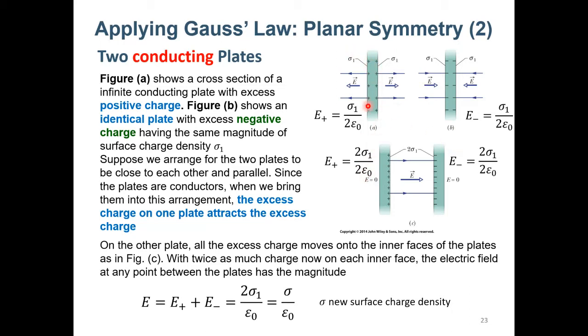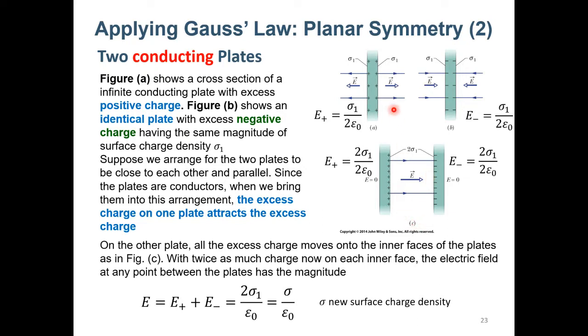So all the positive charge will go to this side. The negative charge will go to the left side. Actually, the positive charge will attract the negative charge. They will attract each other, so all the charge will distribute at the inner surface.